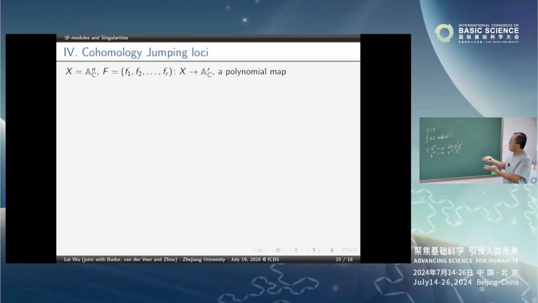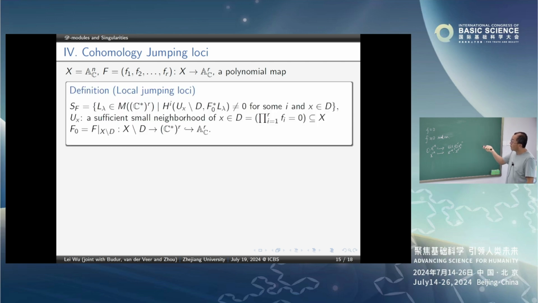Okay, now we want to study this specialized to our situation, because in our situation, this functional equation of the B function can be specialized. So we can take a germ, and then the functional equation still holds.